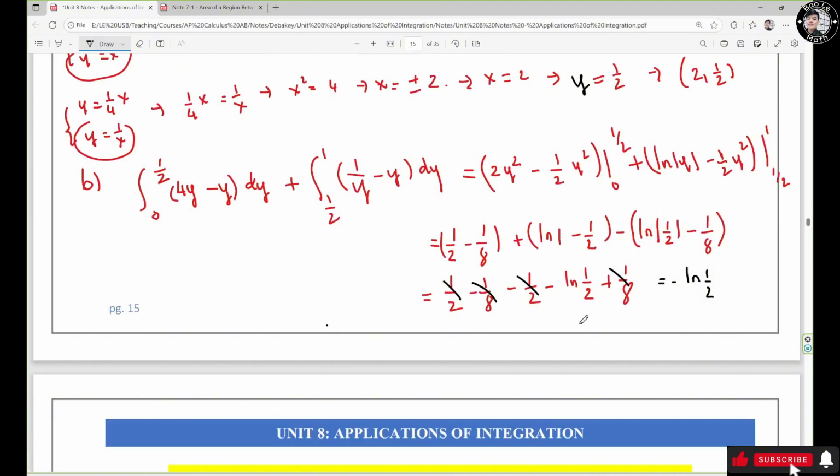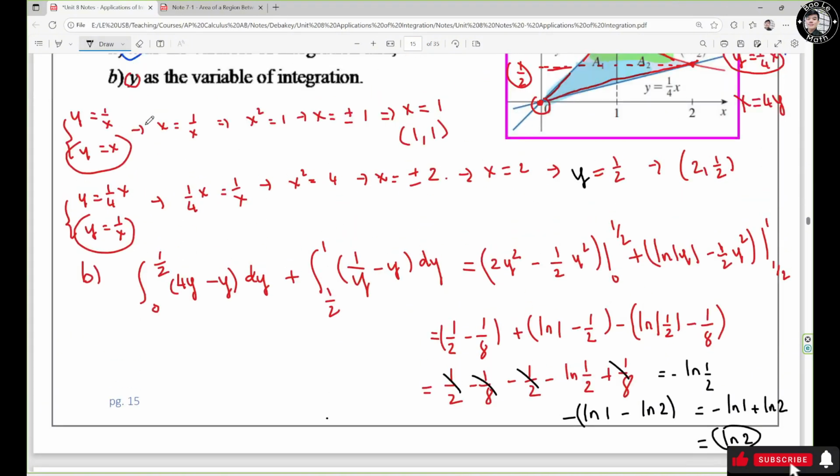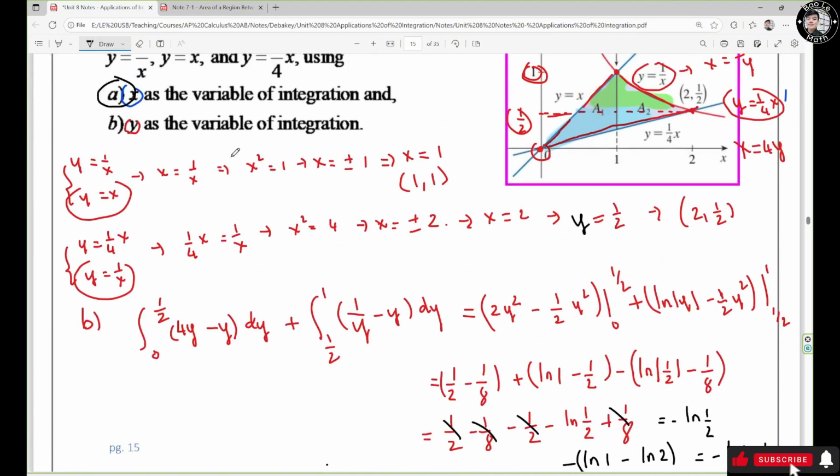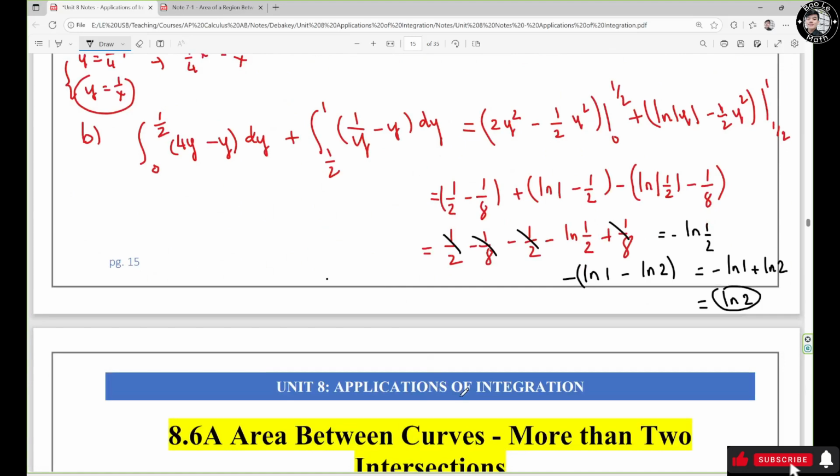Alright, so it's going to be the negative of the natural log of 1 subtract the natural log of 2, right? So it's going to be negative the natural log of 1 plus the natural log of 2. The natural log of 1 equals 0, so the final answer should be the natural log of 2, which is exactly the same thing as question A right here, right? And it's a good time to stop.